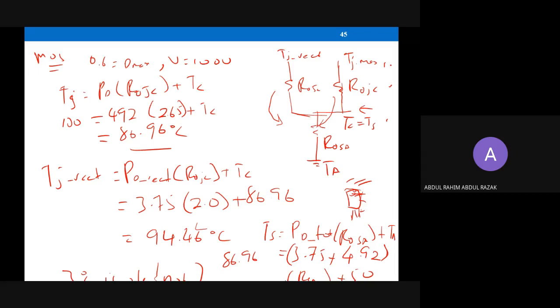If you don't apply a heatsink, what safe level of current you need to limit to the device, such that TJ is not exceeded, the maximum TJ that we want. We want to keep TJ under a certain value, so that it is not exceeded. Okay.